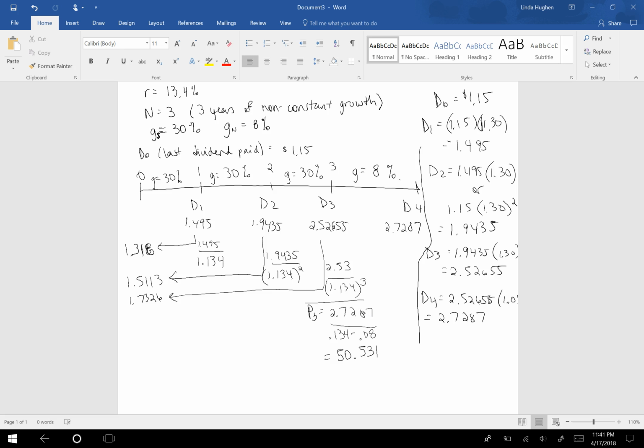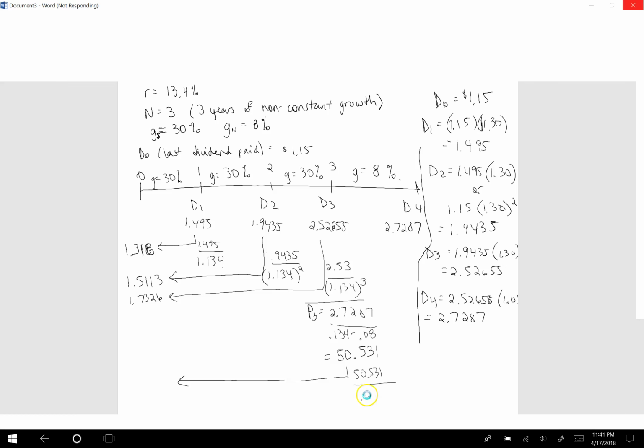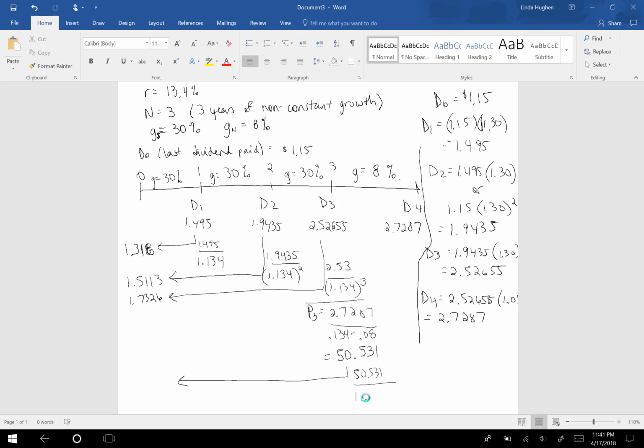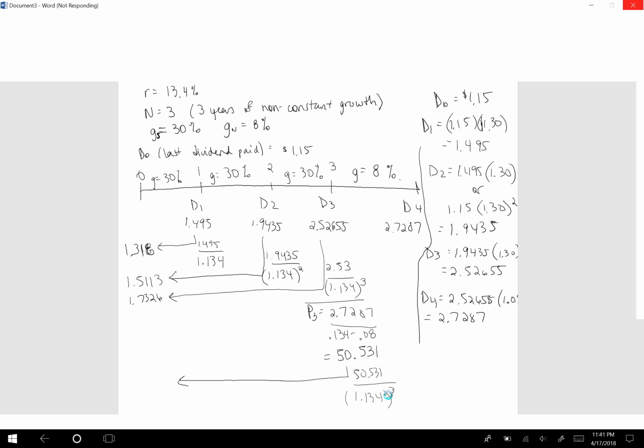So far, all of our numbers listed in column 0, the present values today, are all where we've discounted each one of the dividends. We also have to discount the stock, the price of the stock at time 3. So we take this price of the stock, 50.531, and discount it by 1 plus the required return, 1.134, and we're going back 3 years.